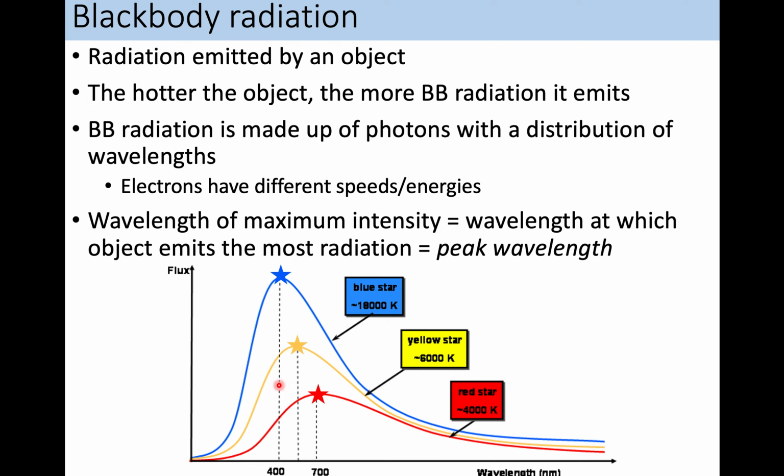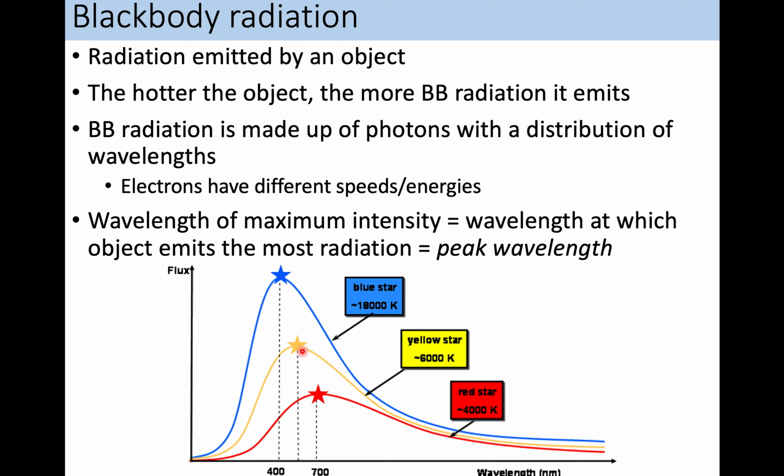If we look at this blue star, literally the blue star, and the blue curve, we see that the peak wavelength, meaning the wavelength that is emitted the most, the highest on the curve, is at about 400 nanometers, which is in the visible at a color of blue. So this star is going to look blue to us.